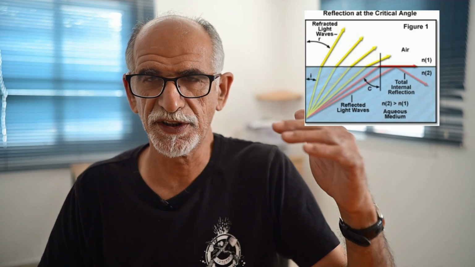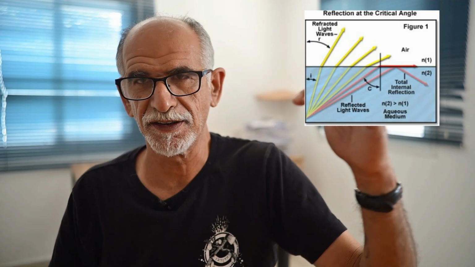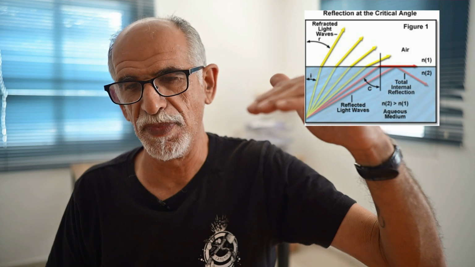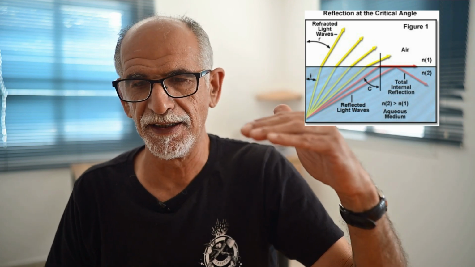In some cases, the angle is so sharp that some of the light, usually the shorter wavelengths, the blue light, bounce off the glass and create some internal scattering.